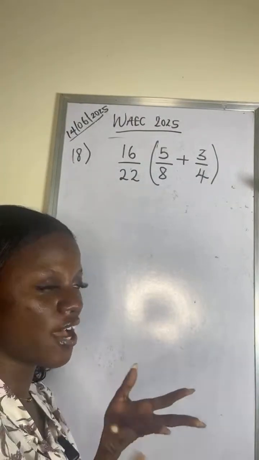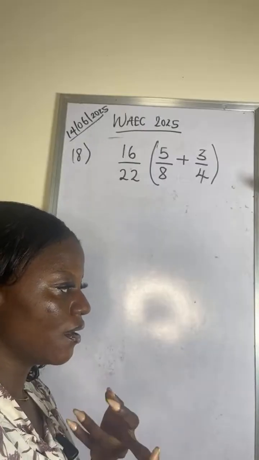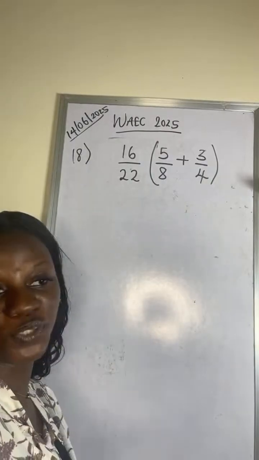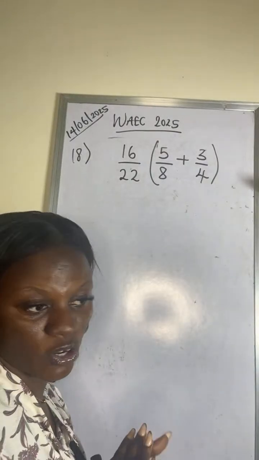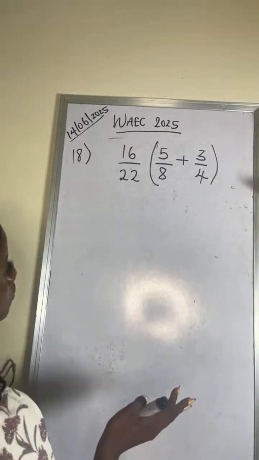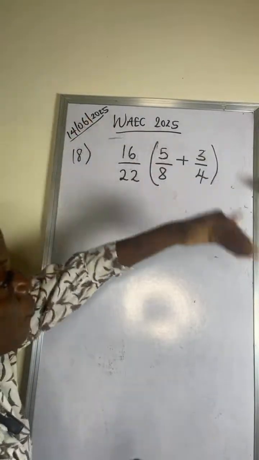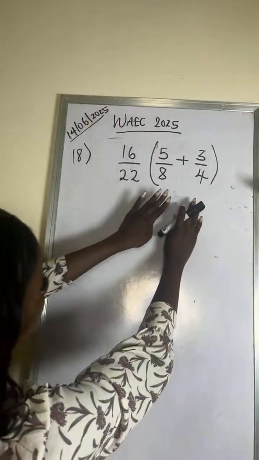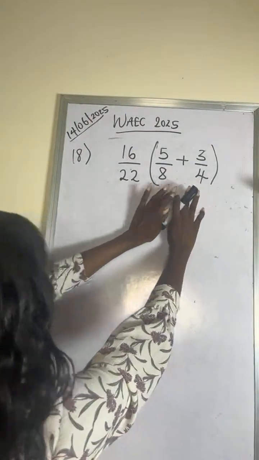We have BODMAS, we have PEMDAS, I listed it out here. BODMAS is popularly known by Nigerians because it's from the British. It tells us that you do your bracket, order, division, multiplication, addition, subtraction. So of course, we're doing what is in the bracket first.